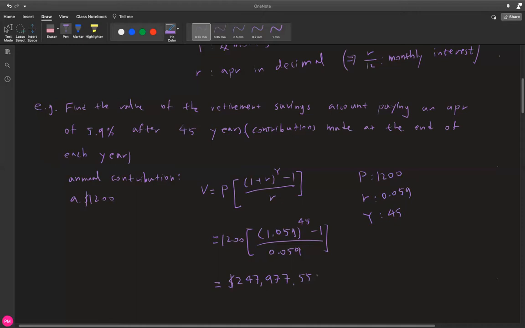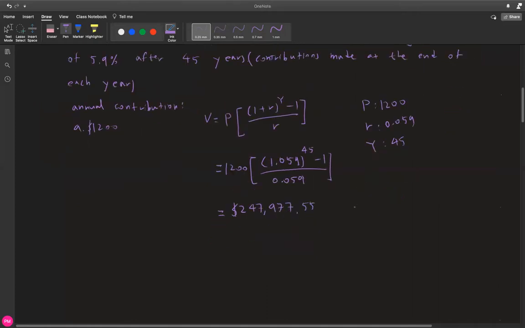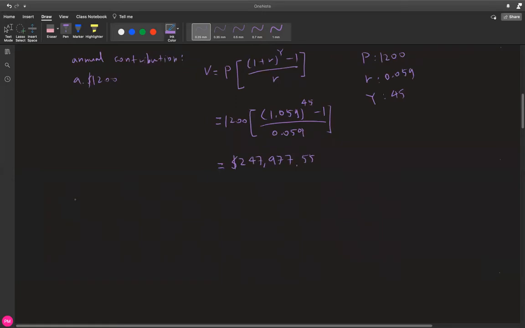Okay, so let's look at another example, but in this case, let's keep the scenario the same. So we still have the APR of 5.9%, and we're investing for 45 years. The only thing we're going to change is the annual contribution amount. So this is part B, and let's say in this case the annual contribution amount is $740.